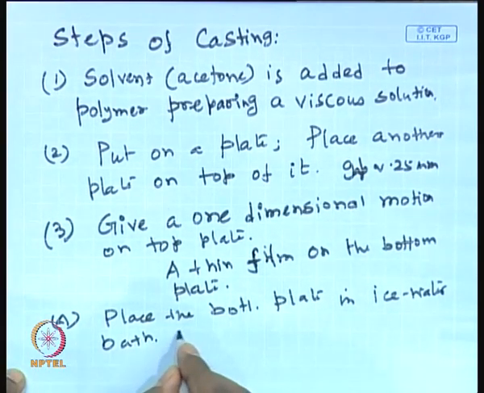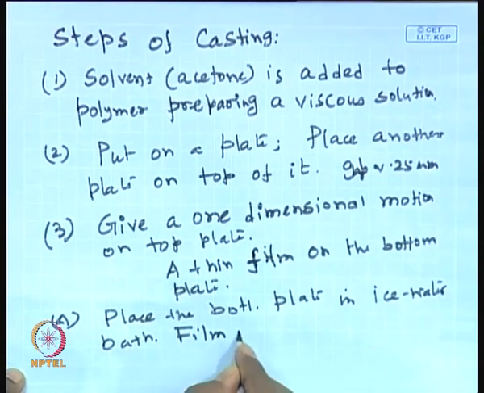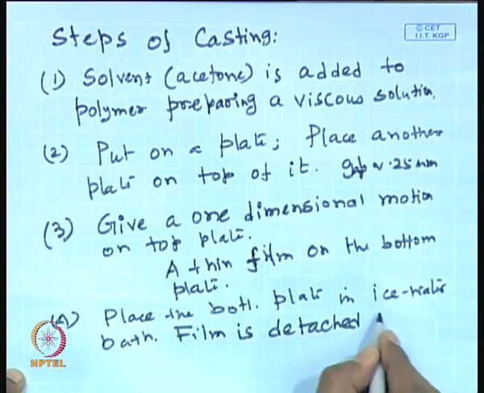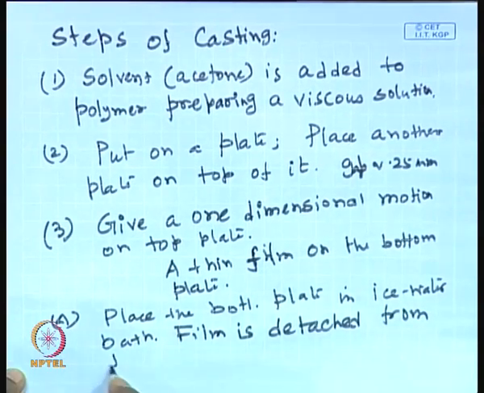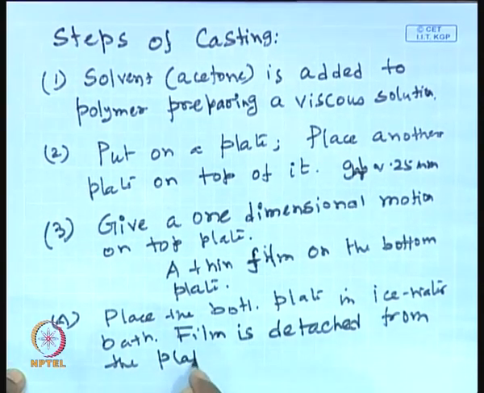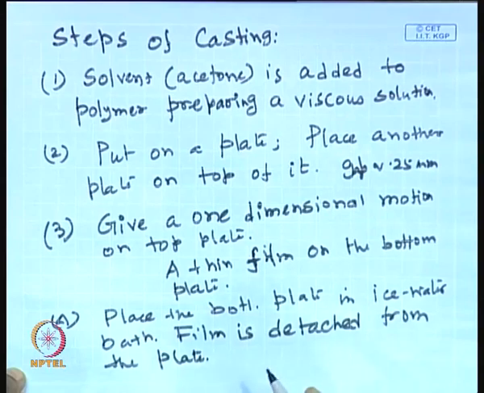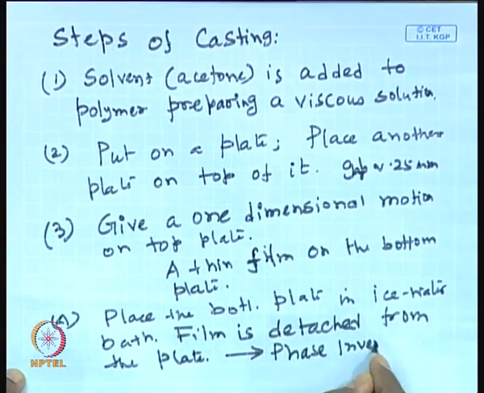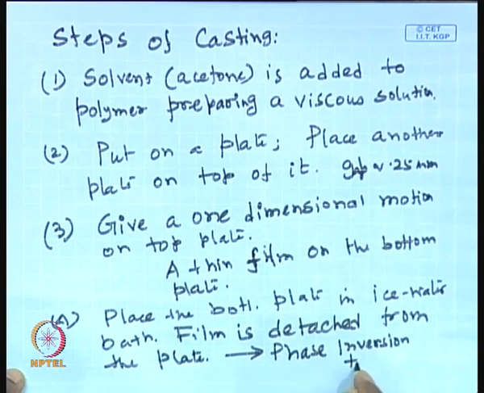The film is detached from the plate. So, that is basically the membrane, and this technique is known as the phase inversion technique. Why is it called phase inversion technique?